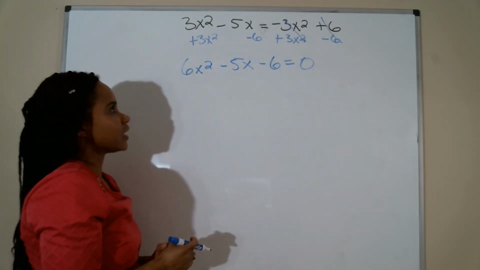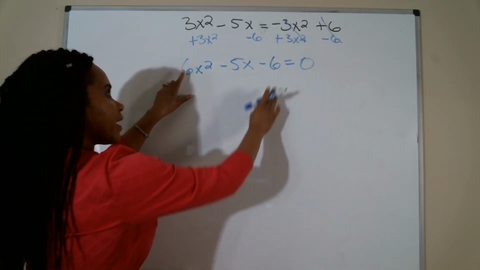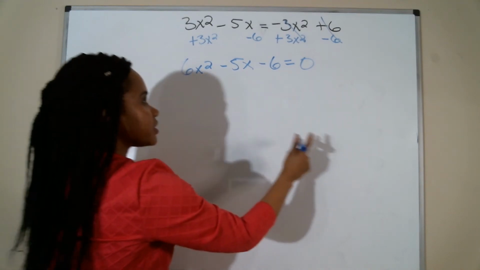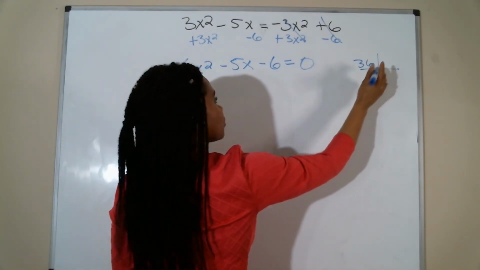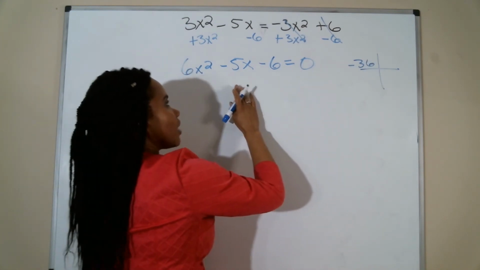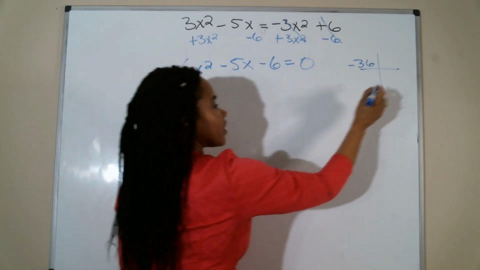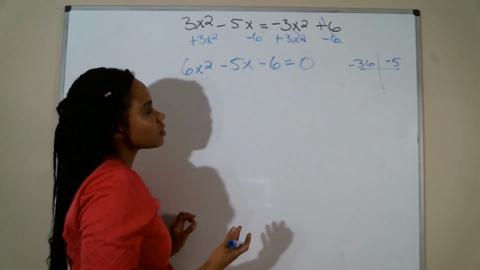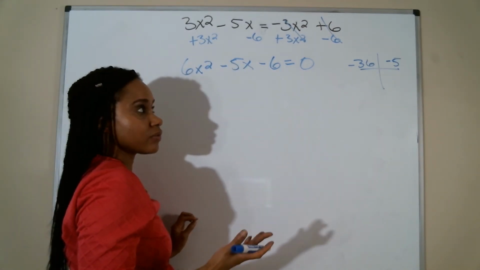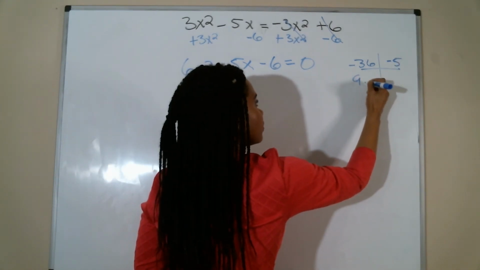All right. Now, again, I want to multiply a and c. So 6 times negative 6, that is negative 36. I want factors that add to negative 5. What are my factors? Not 6 and 6, 9 and 4.